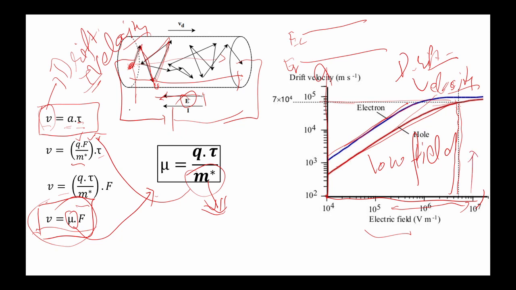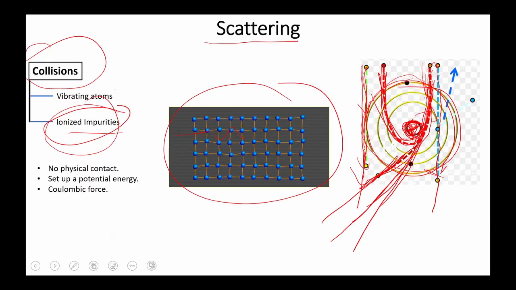The reason this velocity saturates is, as we have seen, if the electron is moving too fast, it will collide more and more. There will come a time when the velocity and the scattering, that is the collisions, will compensate each other.